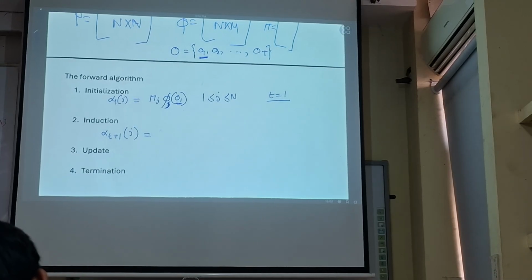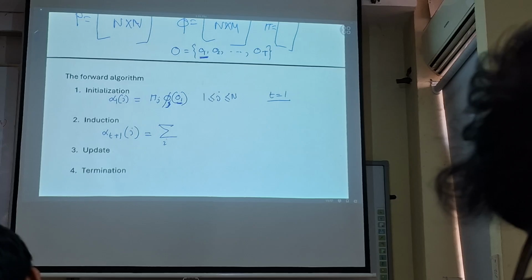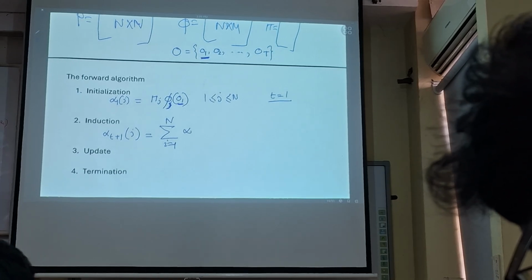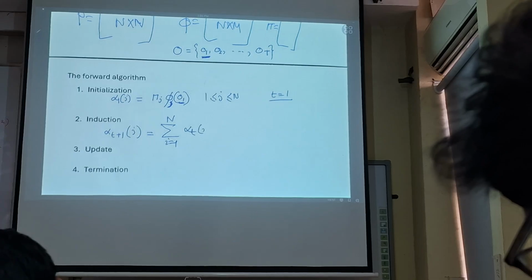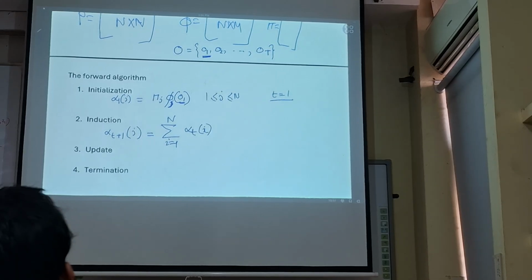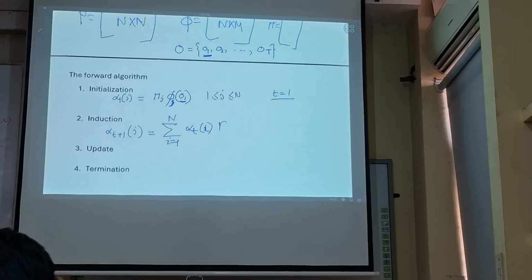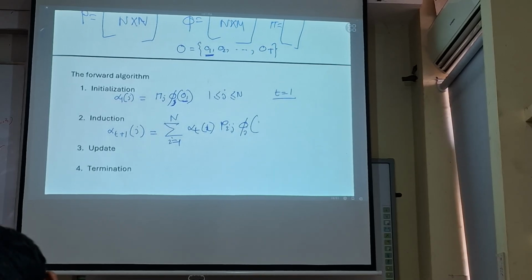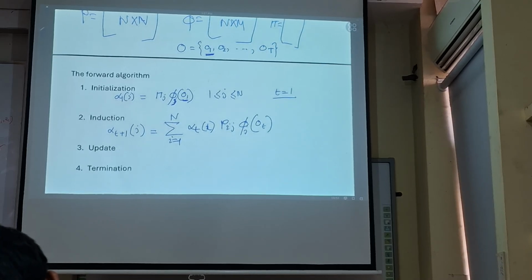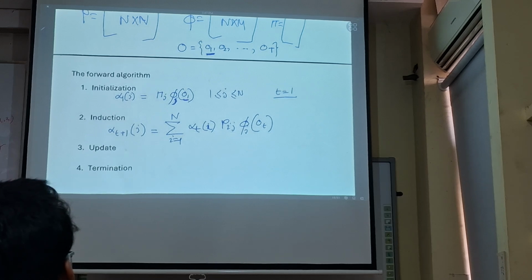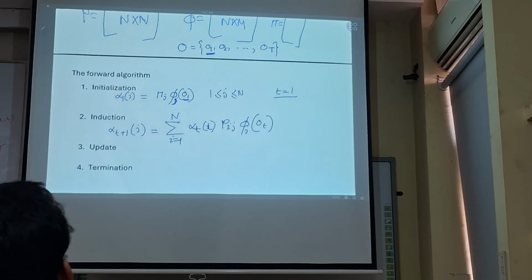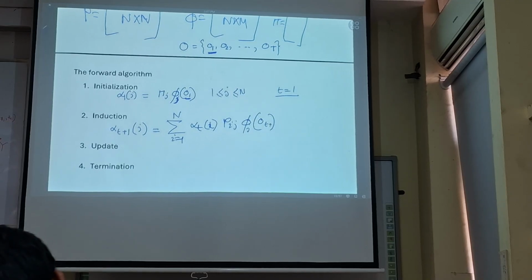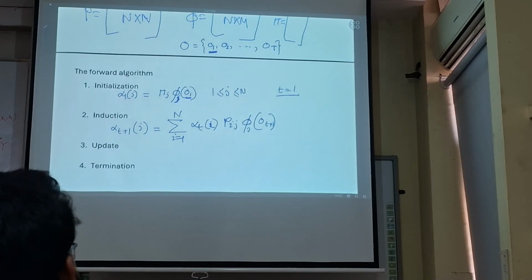It will be the summation of i equal to 1 to n over all states alpha t of i, then the probability a i j, pi j, O. This is clear. Sorry? O of t plus 1. Yes, it should be t plus 1.